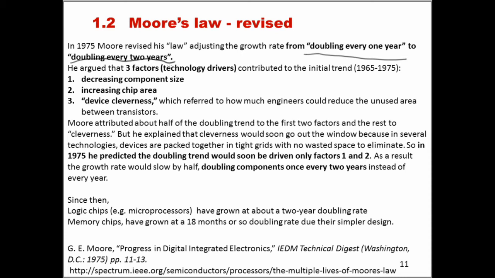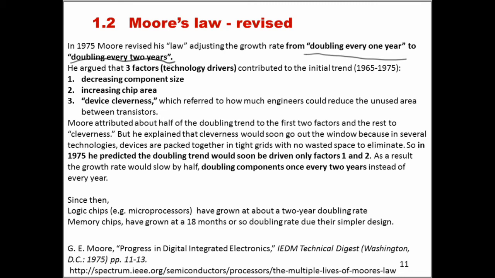So in the future, his scaling law was going to be mainly driven by point 1 and point 2 above, and this was basically the reason why there was this less aggressive, let's say, scaling from doubling every 1 year to doubling every 2 years.